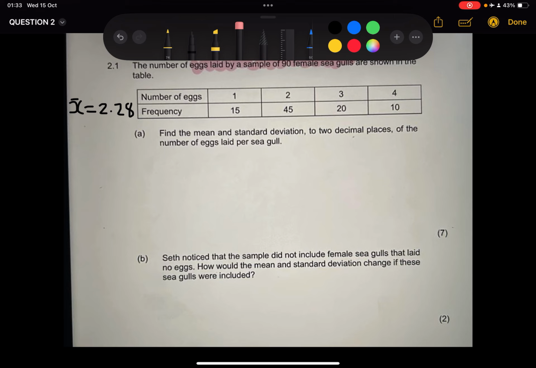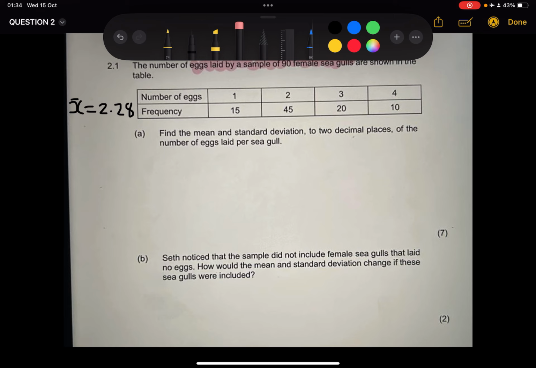All right. To get the standard deviation, we need to basically subtract the mean from each and every number of eggs. In this case, 1, 2, 3, and 4. We need to subtract the mean there and square the differences, and then multiply by how many seagulls laid that number of eggs. So basically going to multiply by the corresponding frequency.